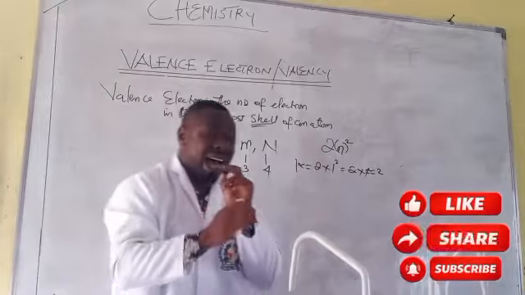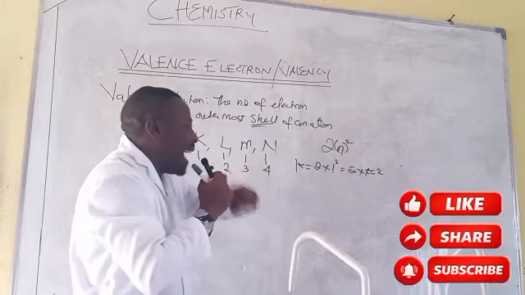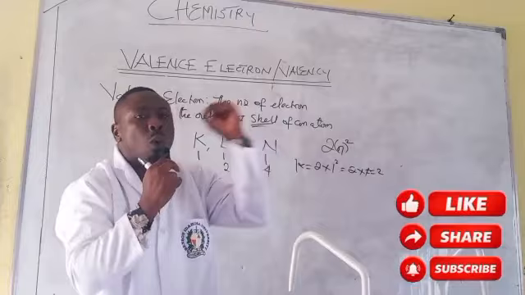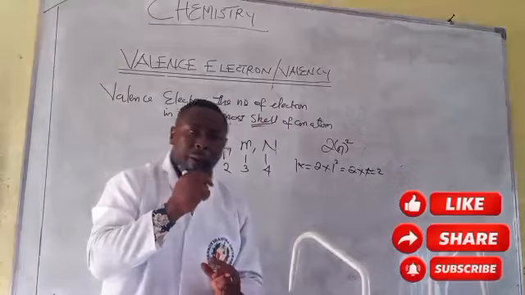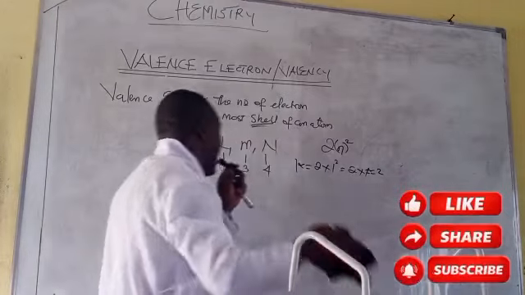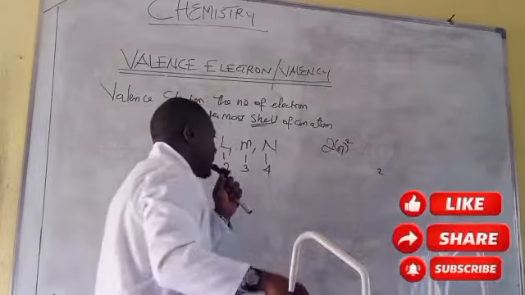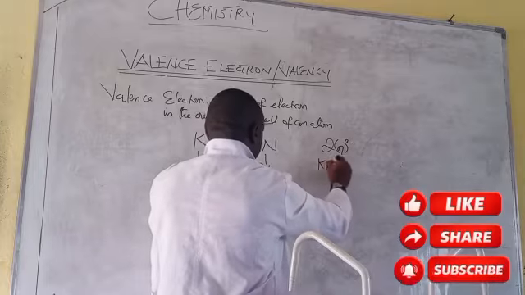Please listen very carefully. The minimum is 1, while the maximum is 2. Now we are through with the K shell. That means K can carry 2 electrons.